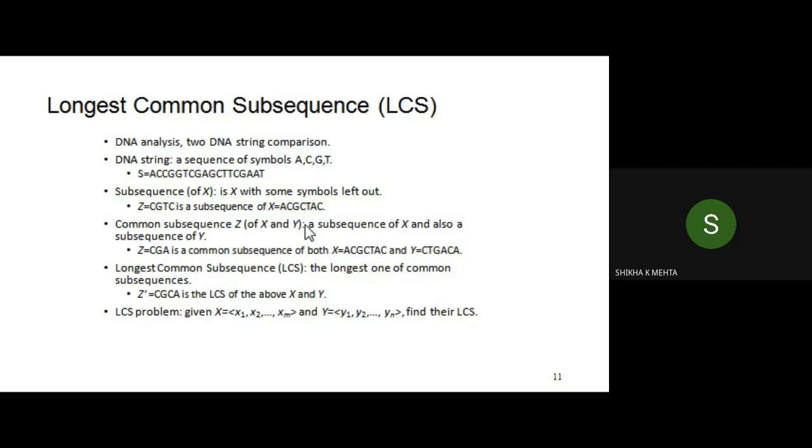We have to find the longest such sequence which exists in a particular range of characters available to us.